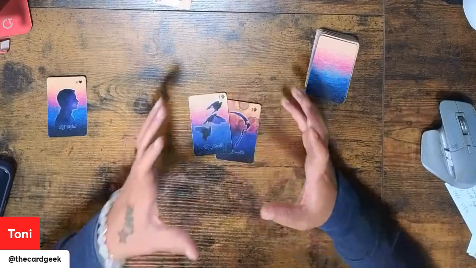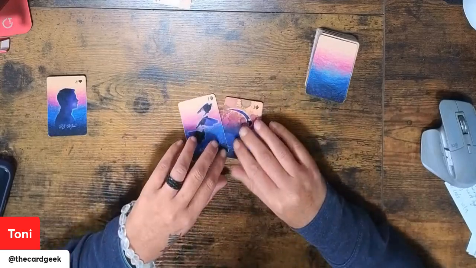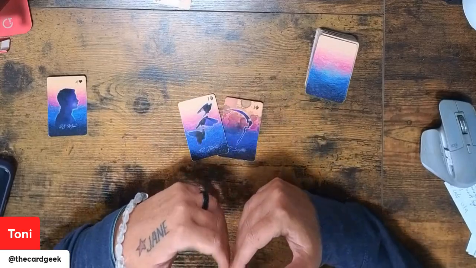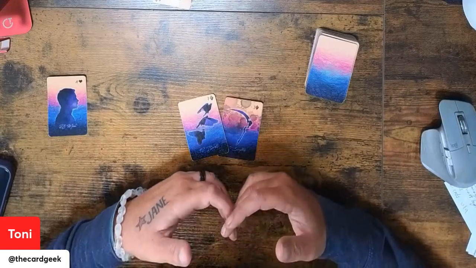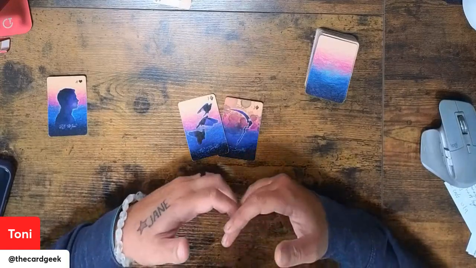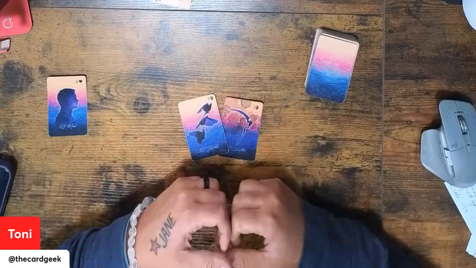When we mix the two together, we are looking at our ingredients for the day. So imagine you're making a soup. What cards do you need in that soup to make it a perfect day?